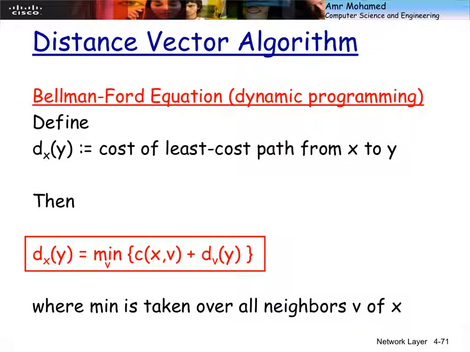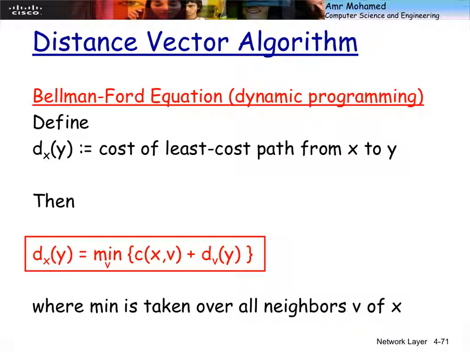But we need to estimate the distance. Okay? So the estimated distance between x and y is based on what I know at the moment, which is the cost from x to any node v that's adjacent to me. That I know. Okay? Plus the distance from v to y.